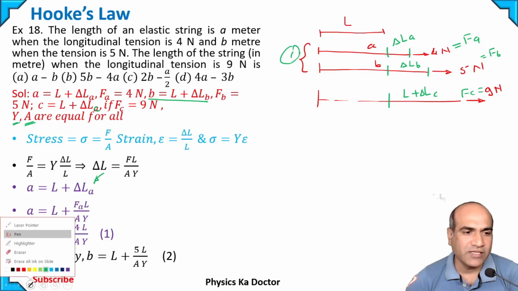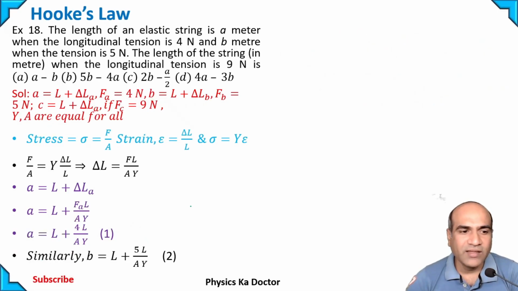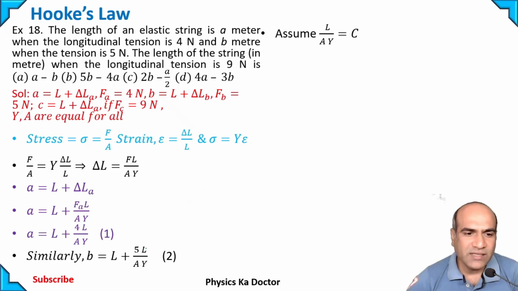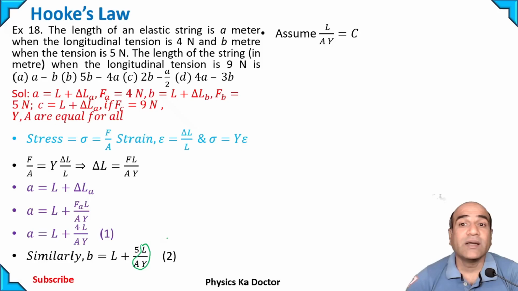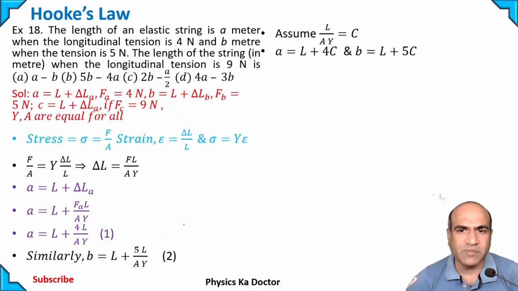Let's now erase all the things and simplify these equations. L by A Y, both are constant, so let us assume it as C. Our equations become like this: A is equal to L plus 4C, B is equal to L plus 5C.